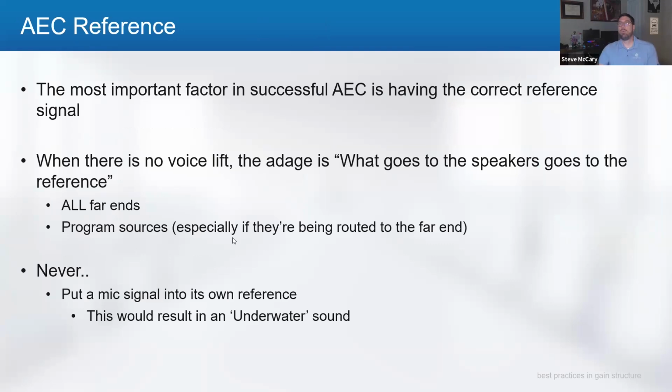So yes, if you are playing something off a laptop in the room and you want to send that to the far end, then you also need to make sure that that is going through your AEC, just so it doesn't get picked up and sent back through the system.